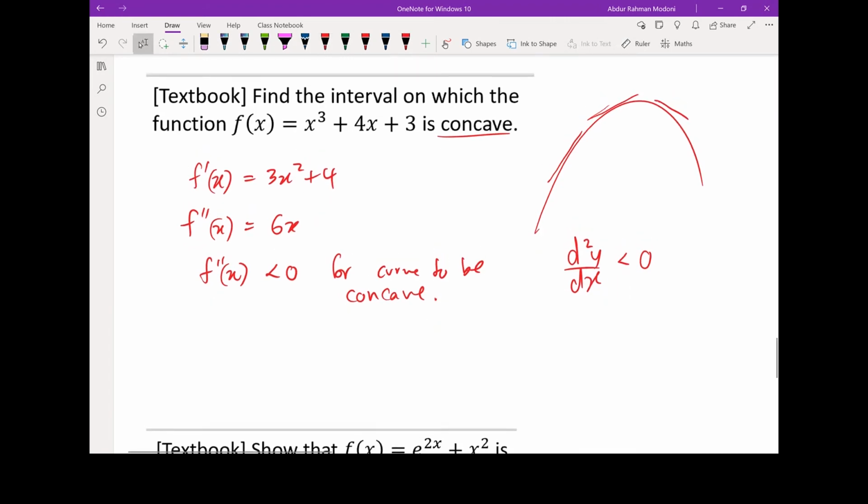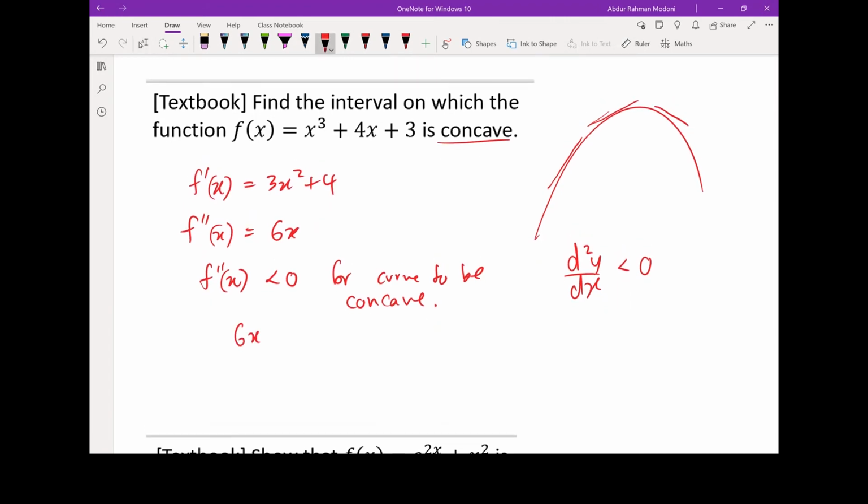And we found out what f double dashed of x is. 6x has to be less than 0. Therefore, x is less than 0. So for x less than 0, the curve will be concave. Find the interval. Okay.